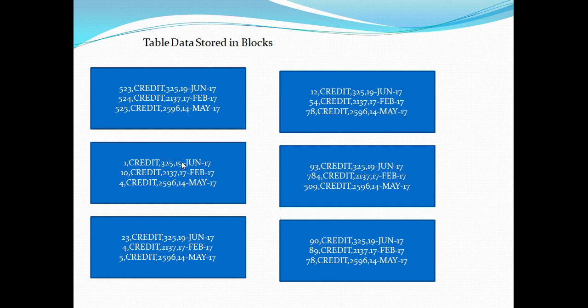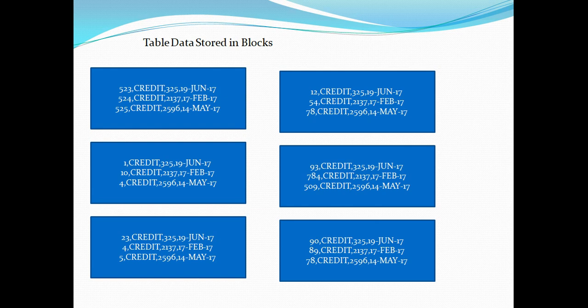So while we had sequential data storage in indexing, that's not the case with data storage for a table on blocks, it has random transaction IDs being stored. Now we saw how the data is being stored in index. Now we saw how the data is being stored physically in terms of blocks on the disk.